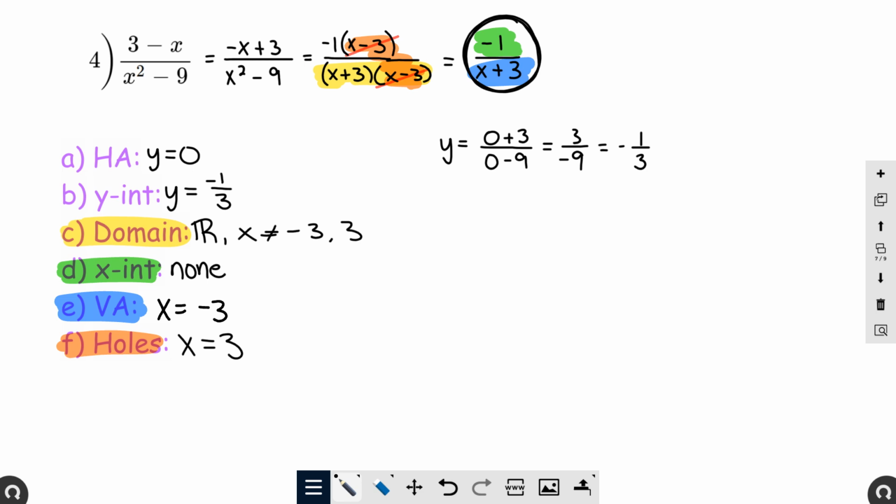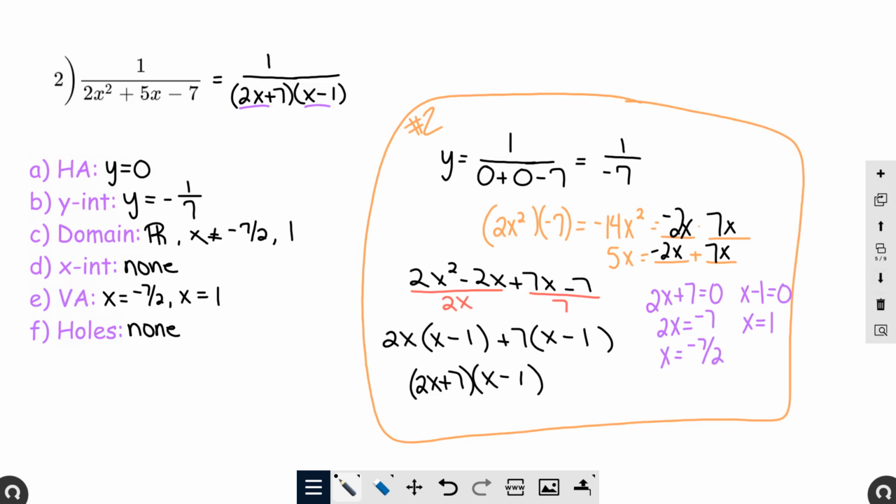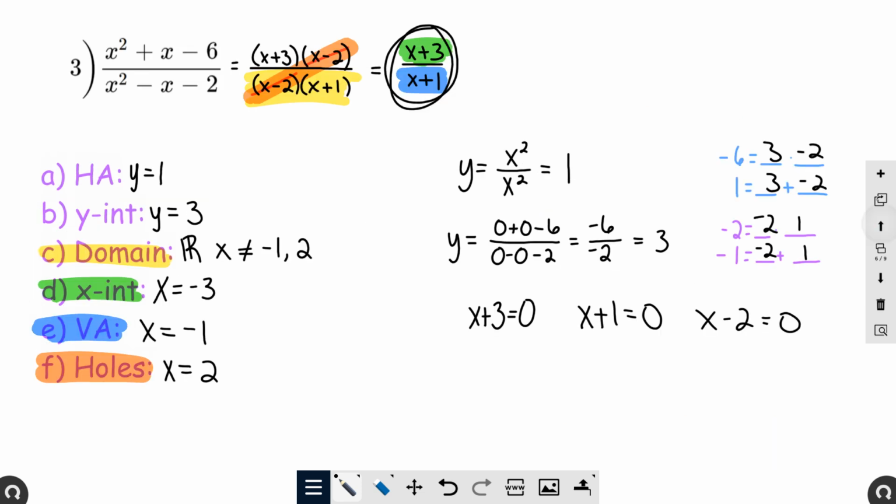Wholes is what cancels out, so it was originally in the denominator. So if I look back at this one, -1 and 2, that was domain. When I look at this one, the same thing we put for the domain, we put for VA because nothing canceled out. And it was the same with problem number 1.